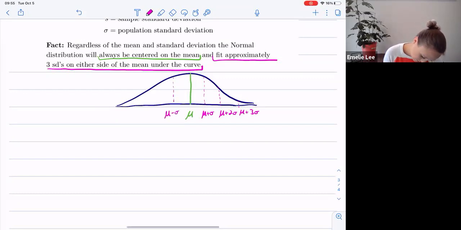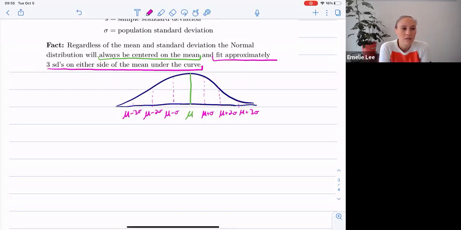Mu minus sigma, mu minus 2 sigma, and I didn't do a very good job drawing this curve here. Mu minus 3 sigma. Okay, so regardless of what the mean and what the standard deviation are, that's always going to be true. And we leverage that fact in our analyses.